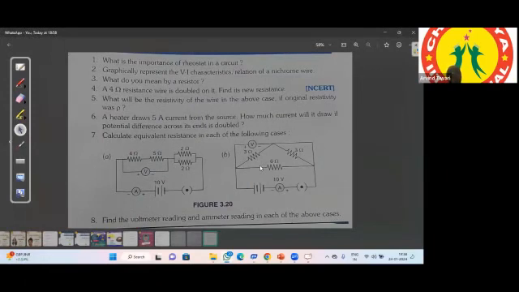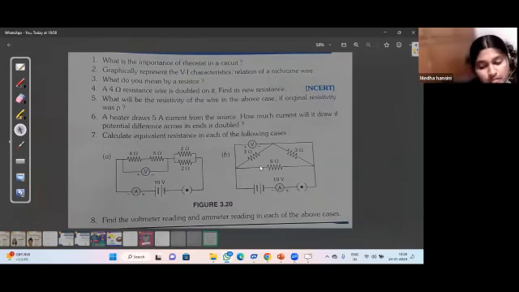So 3 ohm and 3 ohm, they are in series, forming together 6 ohm. Then the 6 ohm and the 6 ohm, they are in parallel, forming together 3 ohm. Got it? Yes, sir. Okay.